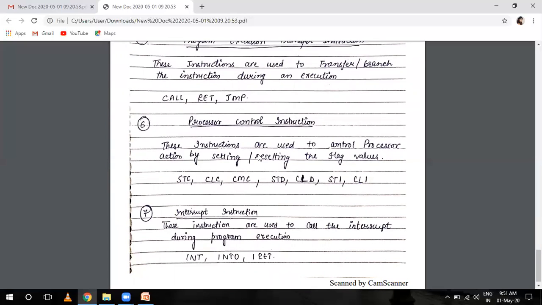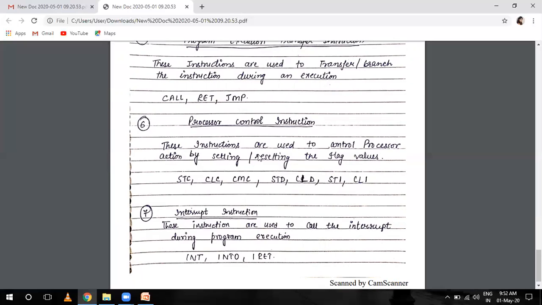Suppose we studied the flag format of the 8086 in the last lecture, which had the carry flag, direction flag, overflow flag. So these instructions are used to control the processor by setting or resetting the flag values. STC is used to set the carry flag, that means CF to 1. CLC is used to clear the carry flag, that means CF to 0.